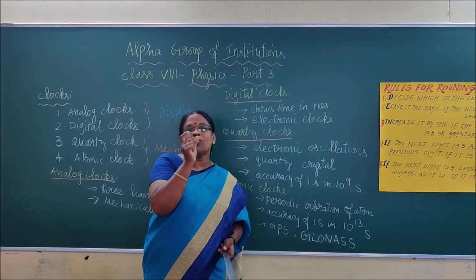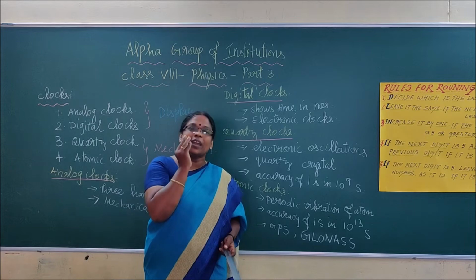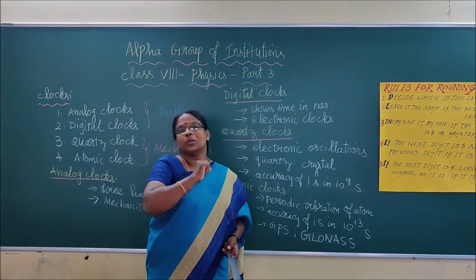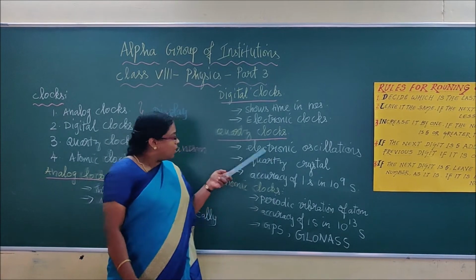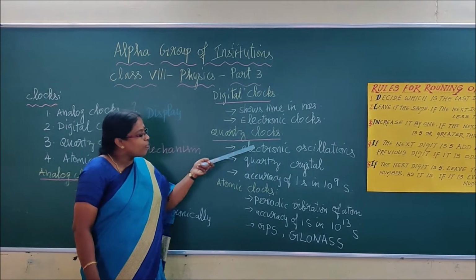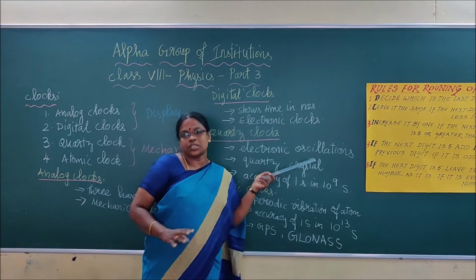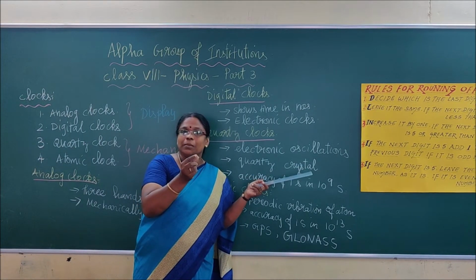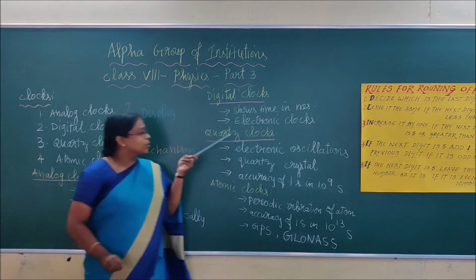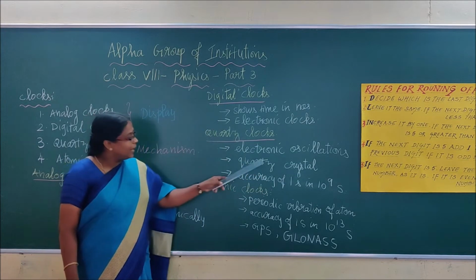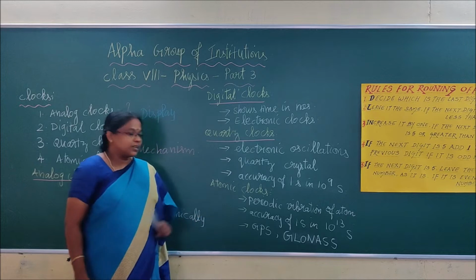It is the name of a crystal which will be very fine. Calculations will be made by that crystal. It will make use of electronic oscillations. That crystal will be made to oscillate, so those oscillations are used in quartz clocks. It will use a crystal called quartz crystal.